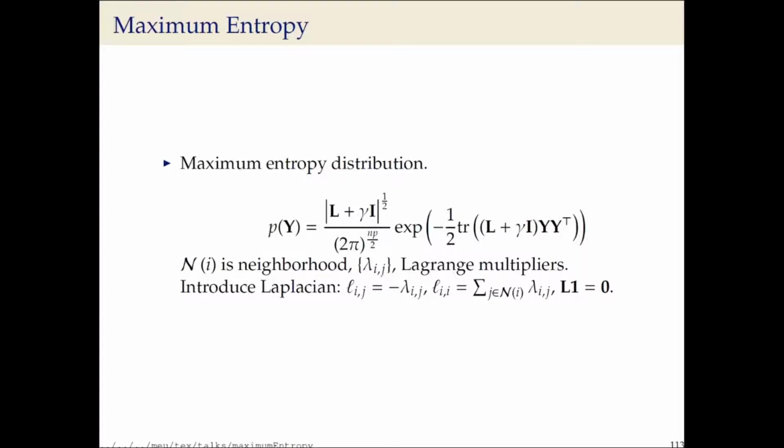In maximum entropy in continuous spaces, you don't actually maximize entropy, you minimize a KL divergence with respect to a base distribution. This is the covariance of the base distribution appearing here. But this is K. So K is inverse of L plus, sorry, this is K inverse, right? Because it's in the Gaussian form, this should be K inverse. So you see that these models are related to a probabilistic model, which under maximum entropy is a Gaussian density.